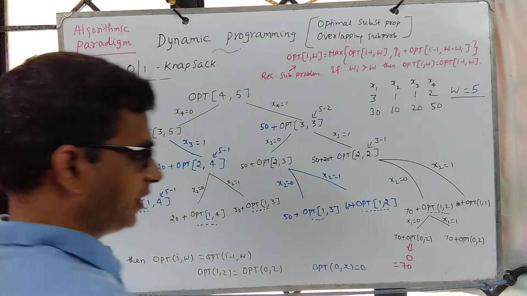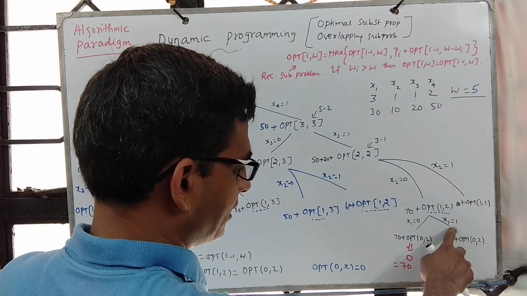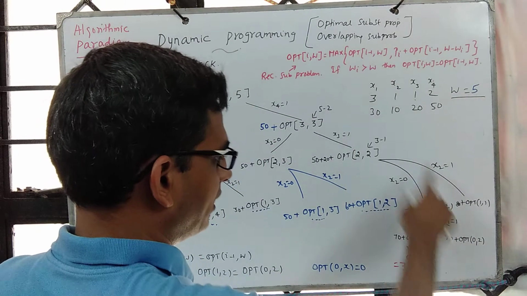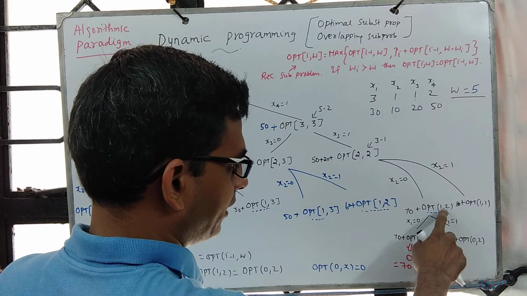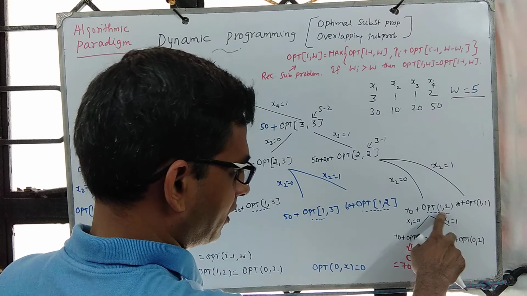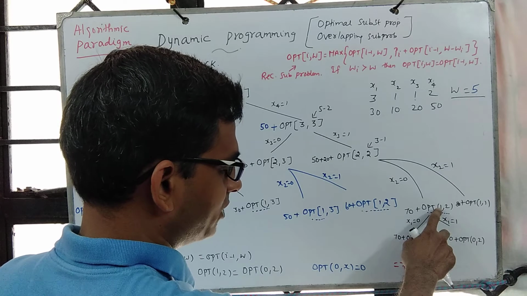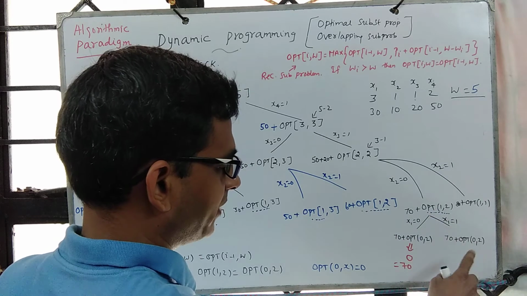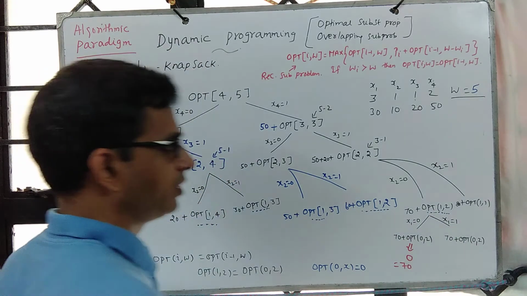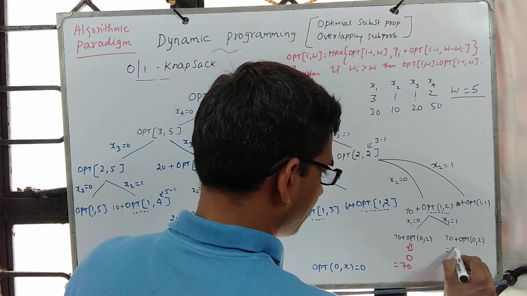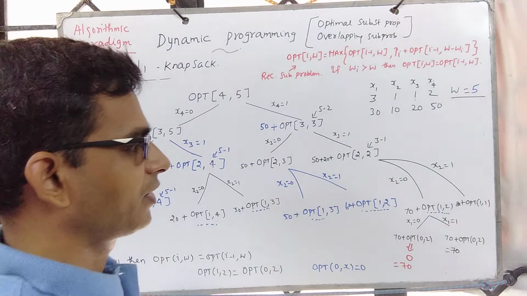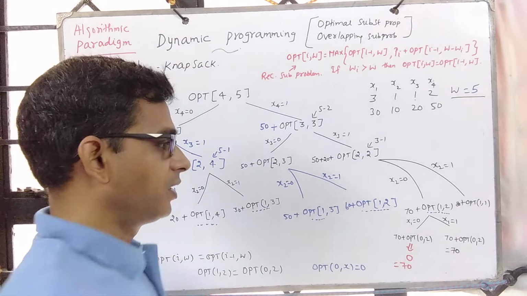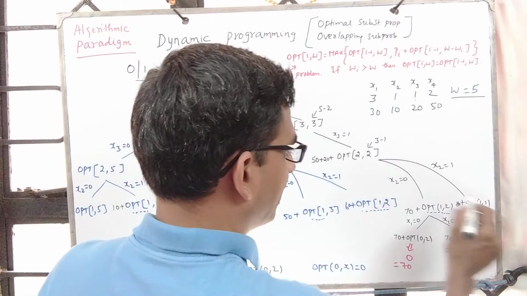If the weight of the ith object under consideration is more than what is left here, then we are going to work with the subproblem where that object will not be considered. So that's precisely this. So profit earned out of this is 70. Is that okay?